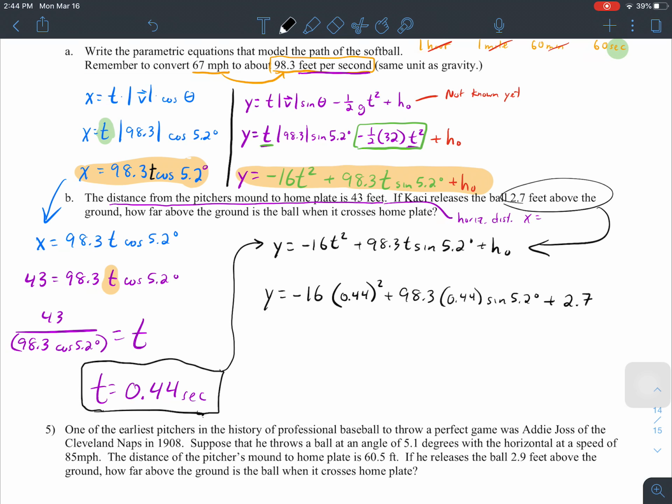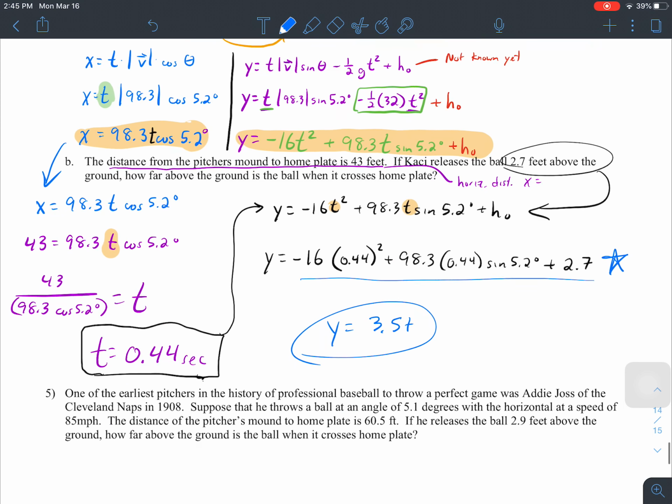So we start with the easiest parametric equation, the x one, because that allows us to find t really easily. And then we can use that t in our y parametric equation. Now for this, you're going to go straight into the calculator. Don't find each individual part. What I do want is to see that written down. And when I do that, I get about y equals 3.5 feet.